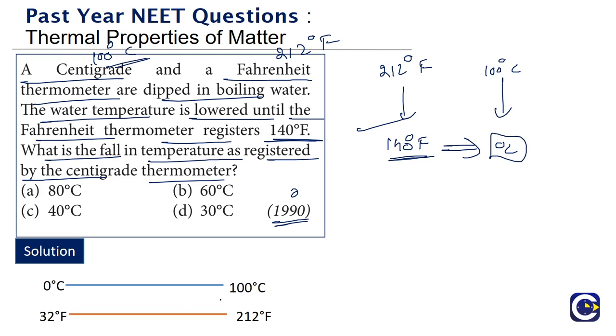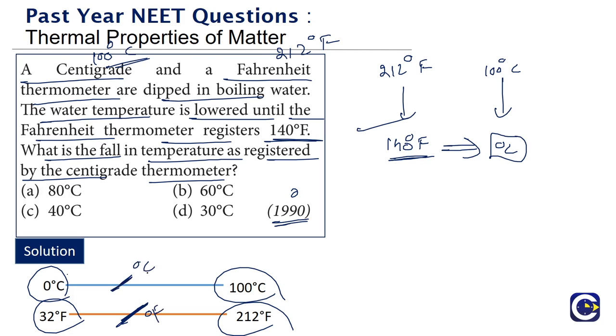If you look at the temperature scales, here we have the reference temperatures. For Celsius scale, reference temperatures are what? The melting point of ice, which is 0, and boiling point of water is 100. Fahrenheit, melting point of ice is 32. Boiling point of water is 212. Any temperature you take on Fahrenheit scale, let us say degree Fahrenheit, the corresponding temperature on Celsius scale, degree Celsius, the relative distance traveled, this is the relation.